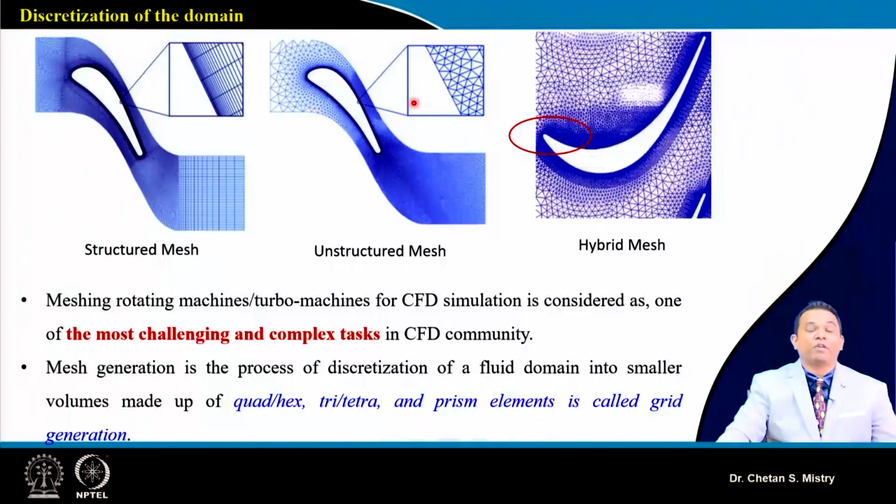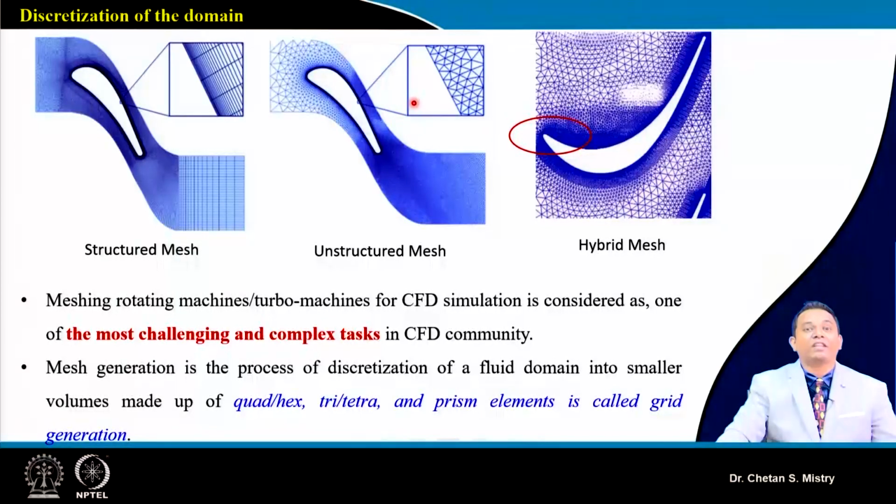So if we consider, a very challenging task for us is to analyze what is happening around my blade on the suction surface as well as on the pressure surface. In the same way, what is happening near my hub surface, what is happening near my tip surface, or in the tip region, is of our interest. What is happening between stator and rotor is also of our interest.